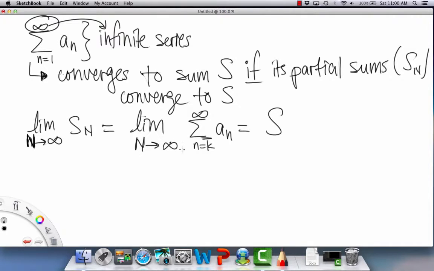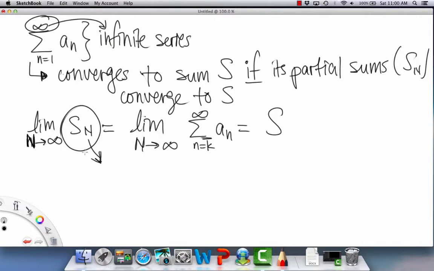So this is basically saying that the limit of this is going to be the partial sums. Remember in the last slide we did S sub 4, so that was the partial sums up to the fourth term.